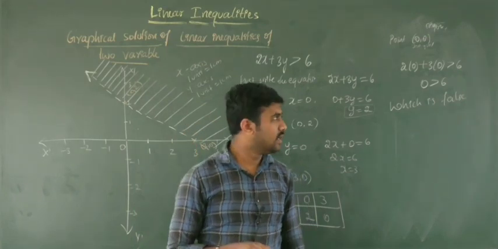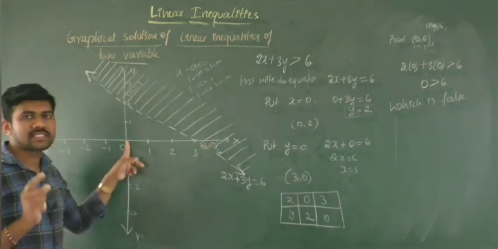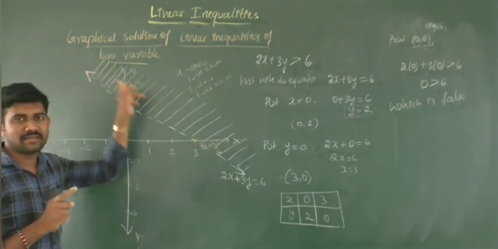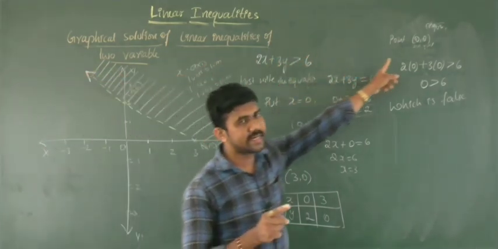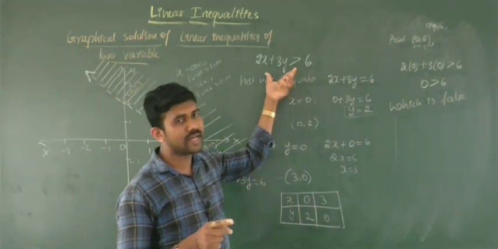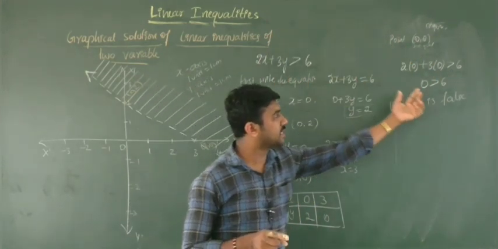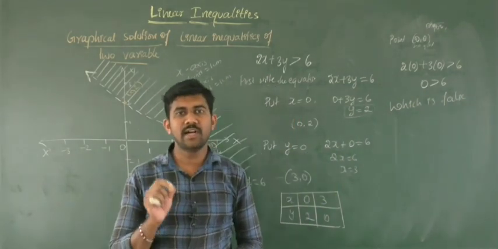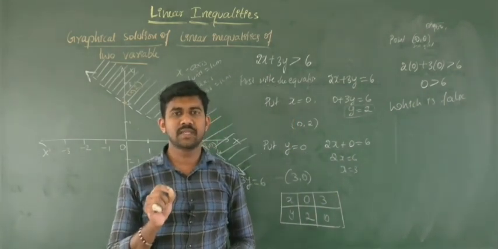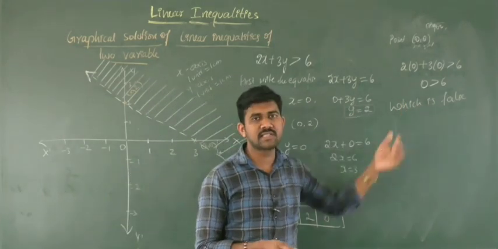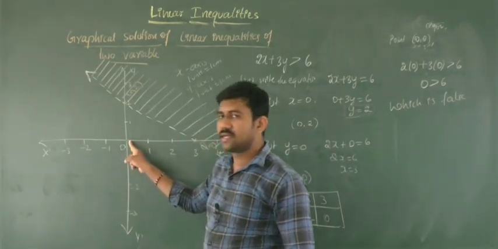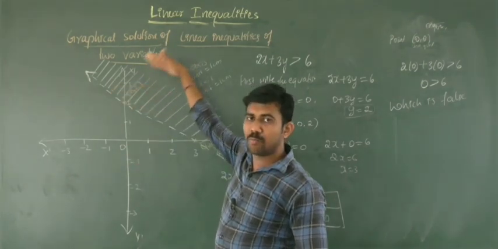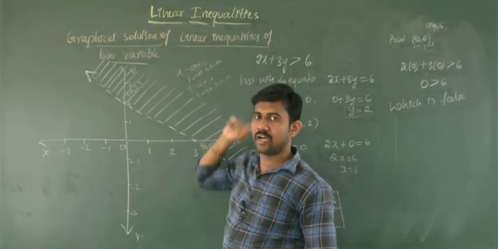Now, consider a convenient point which does not lie on this line and substitute its coordinates in the given inequality. If the result is true, then that point lies in the solution region. But if the result is false, then the point does not lie in the solution region. So the solution region is in the opposite direction, the upper half plane.